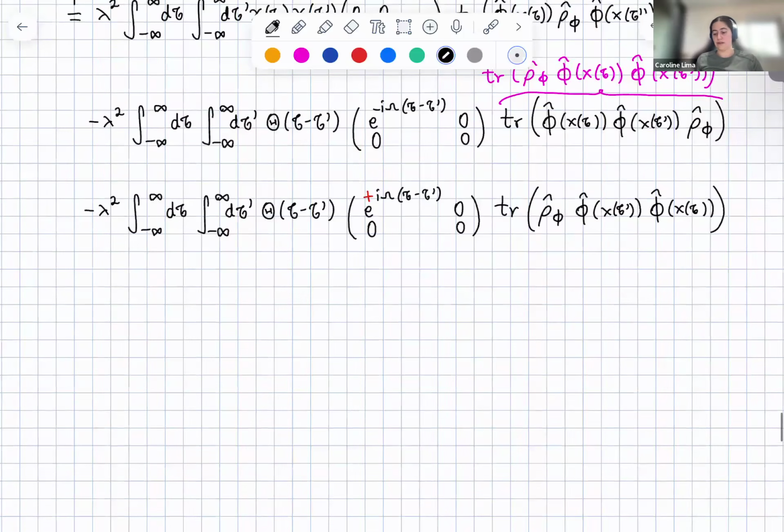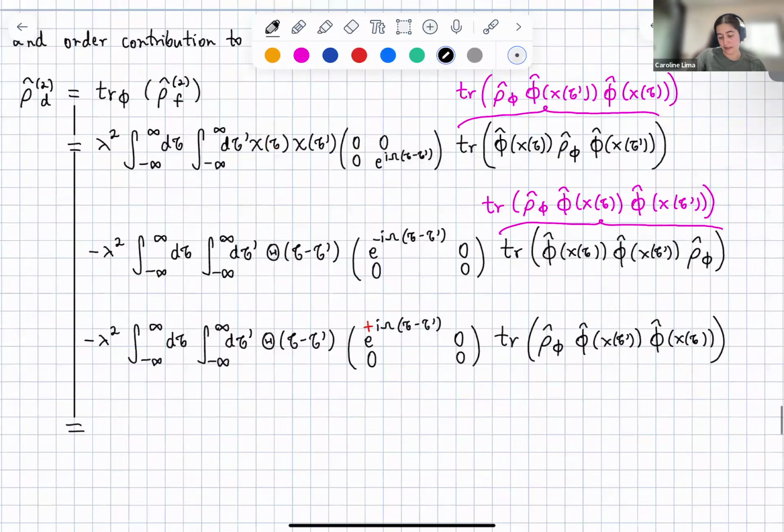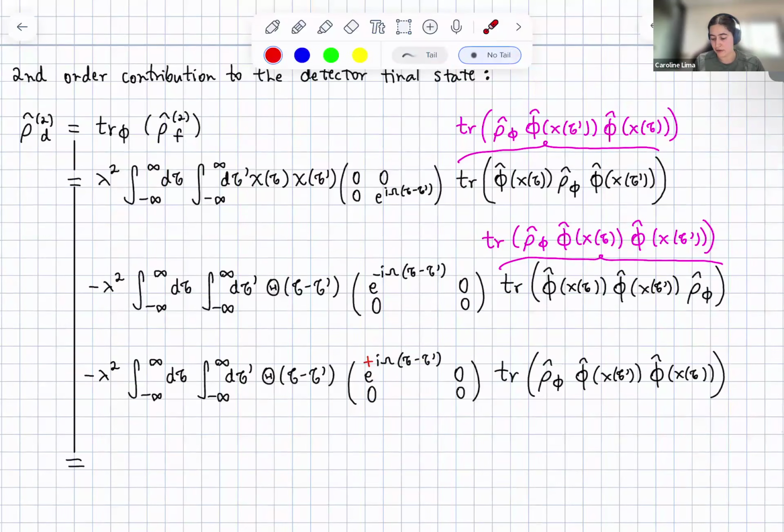And notice that this one is already in the form that I like. However, there is one more thing. If you notice here, let's look at the order of this. I have here a rho phi times phi of x of tau prime times phi of x of tau, which is exactly the same as this last one here. Whereas this one is not the same, right?